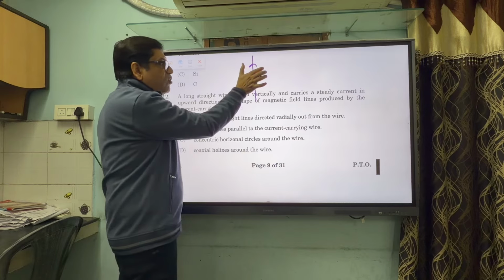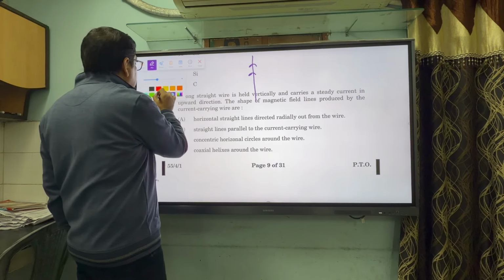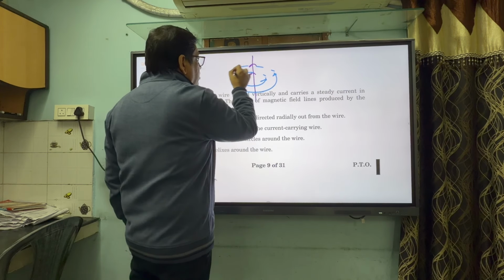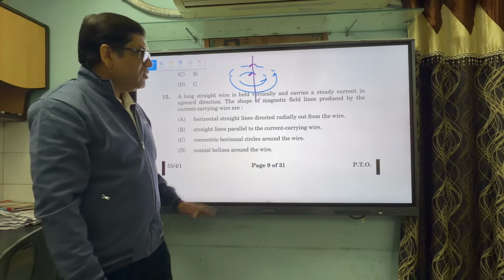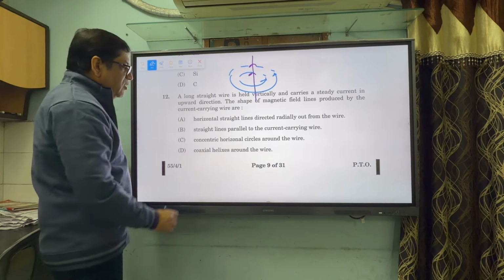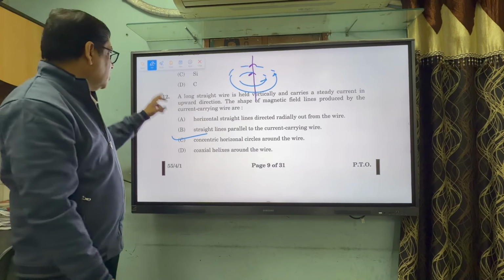Magnetic line will go inwards from here and outwards on the right side. So magnetic lines will be like this. Circular magnetic lines will be there, and because it is a vertically placed conductor, lines will be horizontal. Circular lines, concentric horizontal circles around the wire. So answer will be C part.